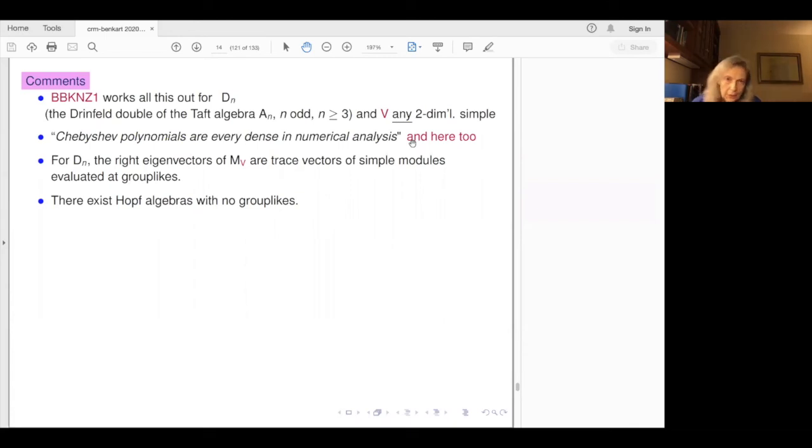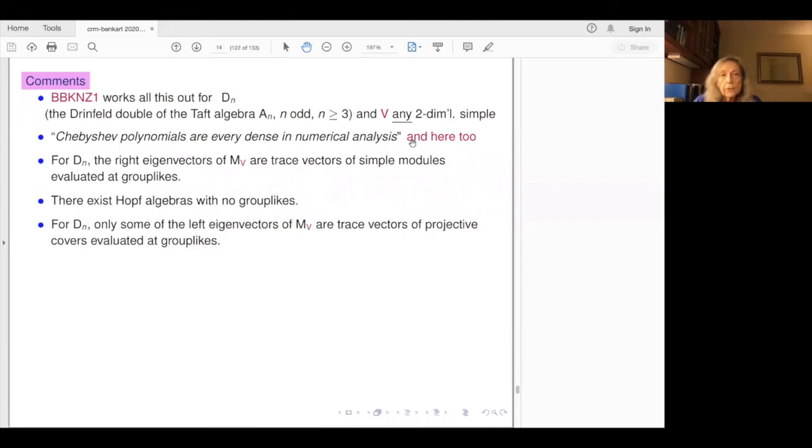So even if you require it to have an identity element, you're still only going to get one eigenvector. So that doesn't seem to be the way to go. Even if you restrict to semisimple Hopf algebras, you can have a situation where you don't get enough eigenvectors from the group-likes. You just don't have enough group-like elements. For these Drinfeld doubles, only some of the left eigenvectors are trace vectors of the projective covers at group-likes.